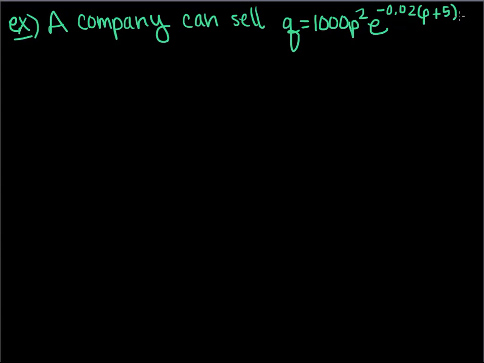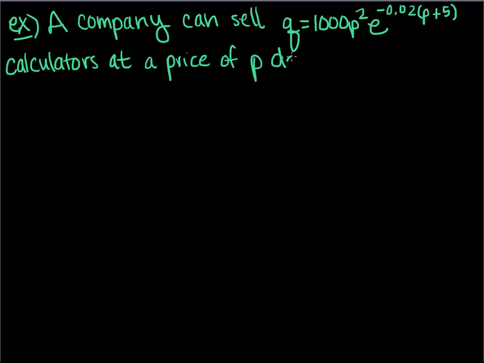So a company can sell this many, that's my demand, and of course we're talking about calculators, at a price of P dollars per calculator.